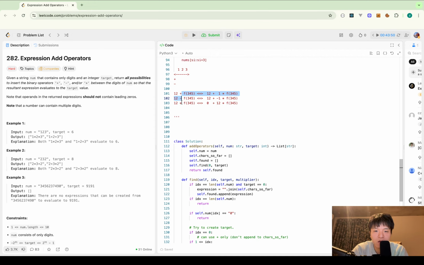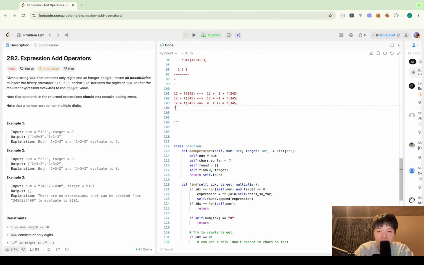What I have to choose here is how many numbers I should take as the first following chunk, and then I decide the operator.